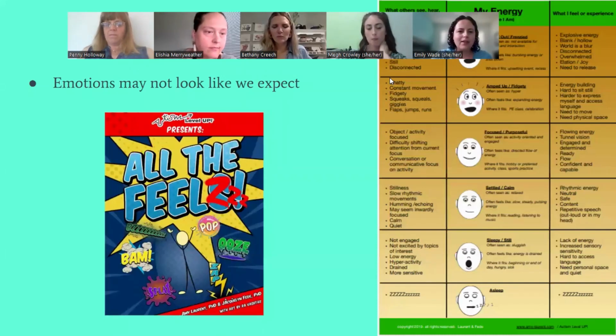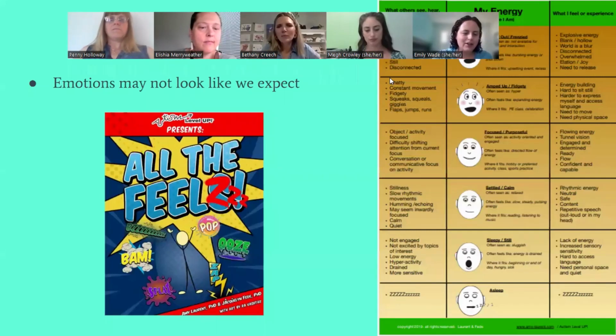One of the tools that Autism Level Up has is called All the Feels, which I love. And you can see a little bit in the picture there. What they did is they talked to a lot of different autistic people about the ways that they experience emotions and different feelings in their body.